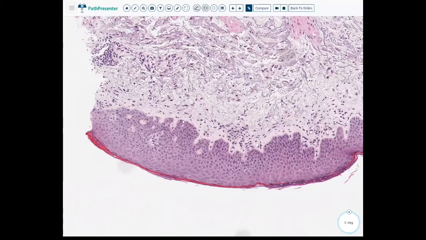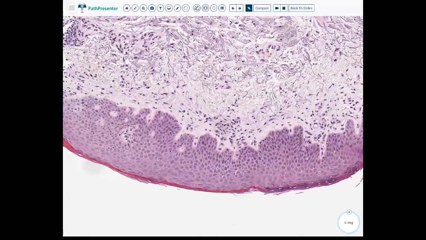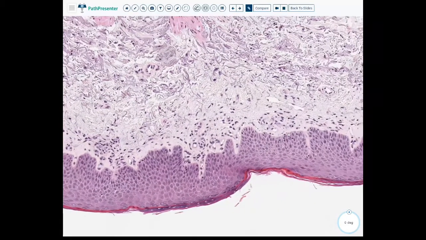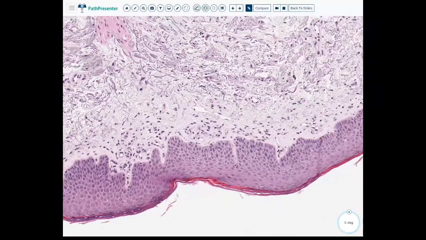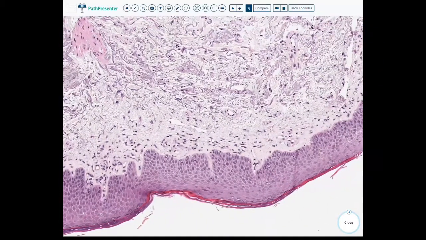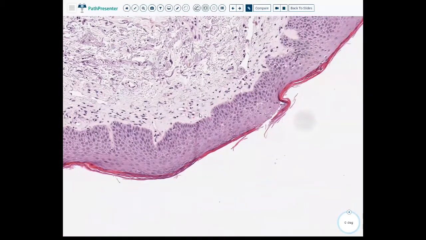So you can appreciate that everything is still in good order in this, and there's still that spongiosis, that reactive change within the epidermis. Our superficial dermal layer is, again, predominantly lymphocytic. It's a lot more subtle than the previous case. And here's our solar elastosis again. So this was actually what we were seeing at low power.